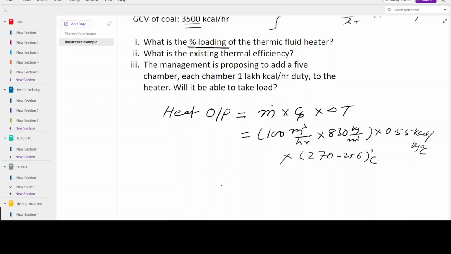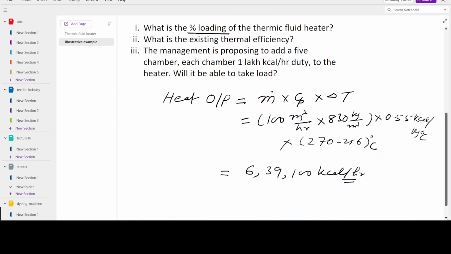When we multiply it, this comes out to be 6,39,100 kilocalorie per hour. We have found the heat output.